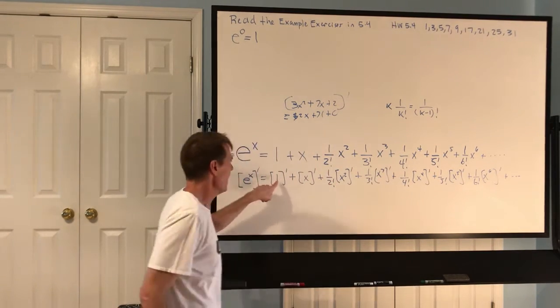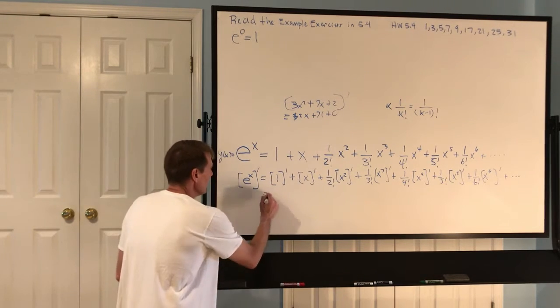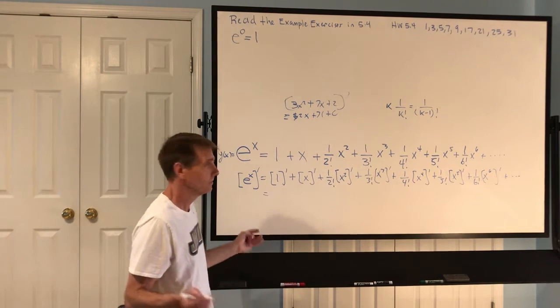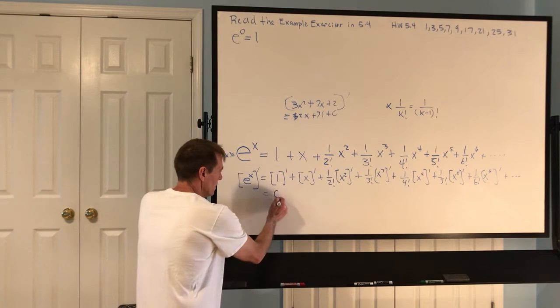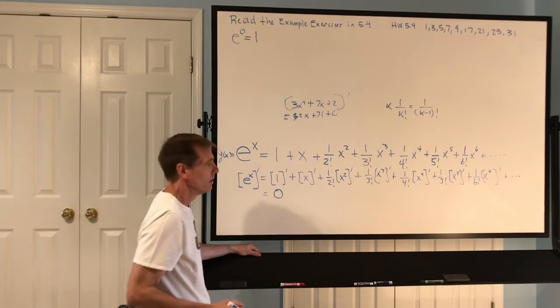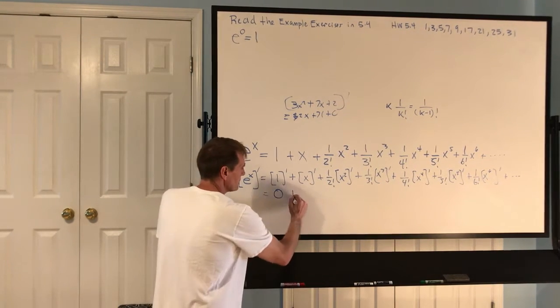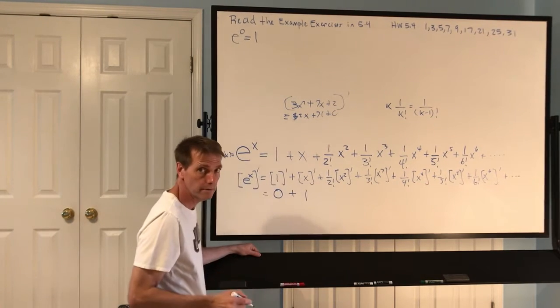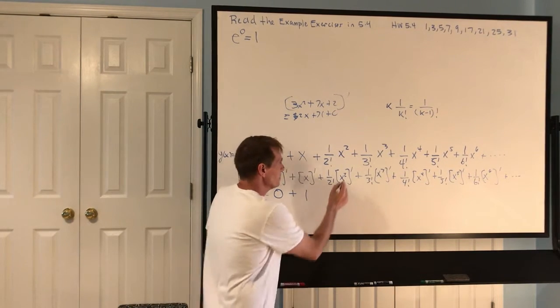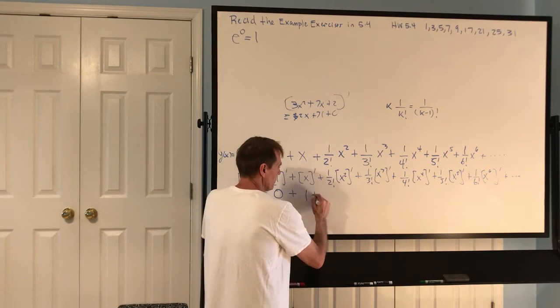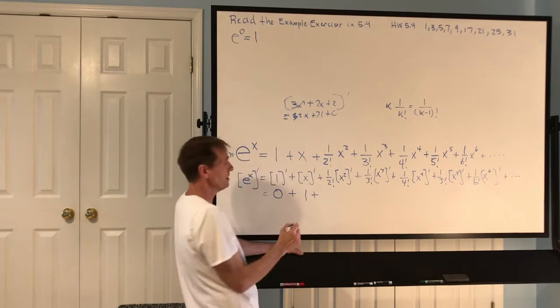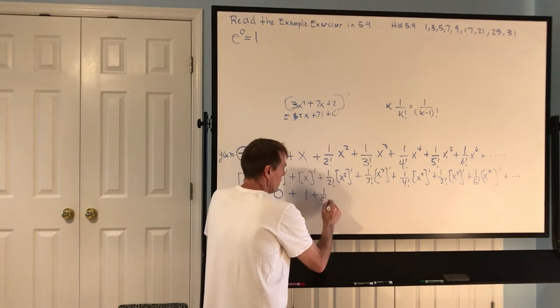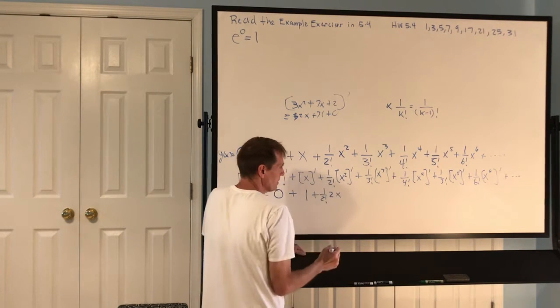The first one's not so bad. What's the derivative of the constant 1? And hopefully everybody's like, Dr. Warren, that's 0. Well, what's the derivative of x? Well, that's 1. Well, what's the derivative of x squared? Remember this guy's hanging around. 2 times x.